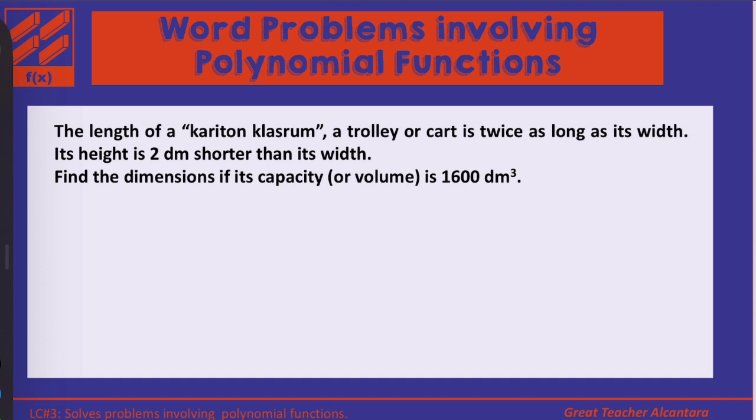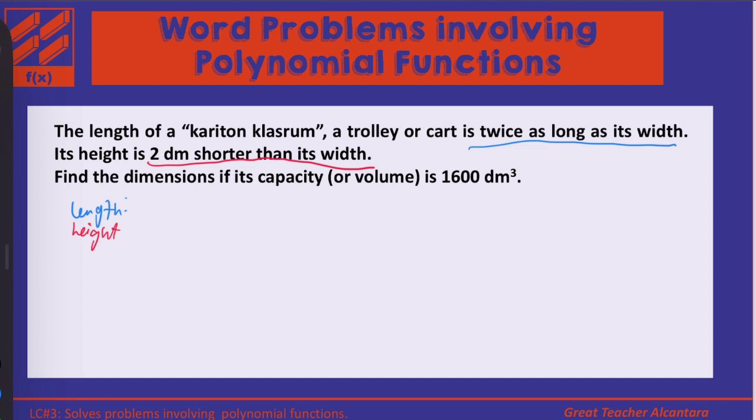But anyway, other than that short story, let's work on this one right here. So we have the following measurements. The length is twice as long as the width, and your height is 2 decimeters shorter than its width.